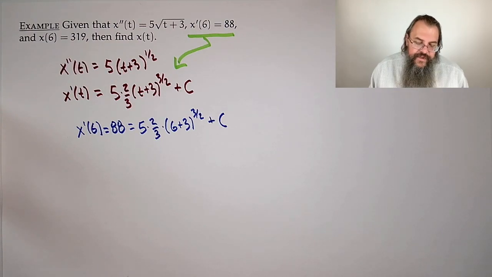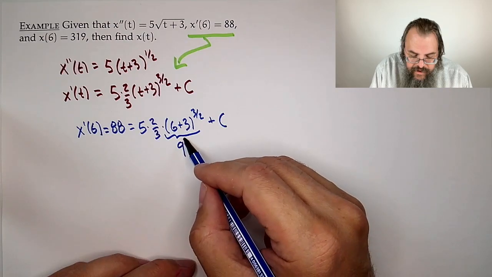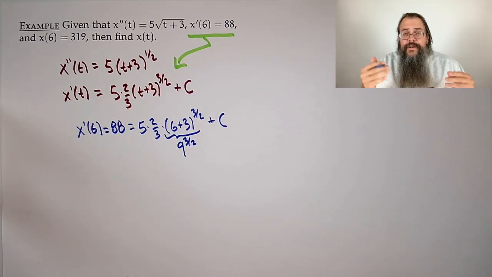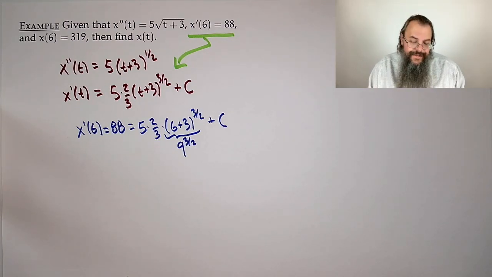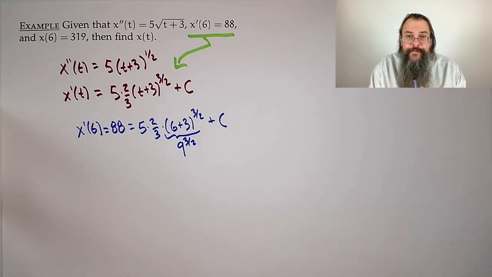So 6 plus 3 is 9. All right, great. This is 9 to the 3/2 power. Now you could say, well, let's do 9 cubed, which is what, 729? Well, it's a big number, right? And then take the square root of that. Okay, another big number. But we don't have to do that.